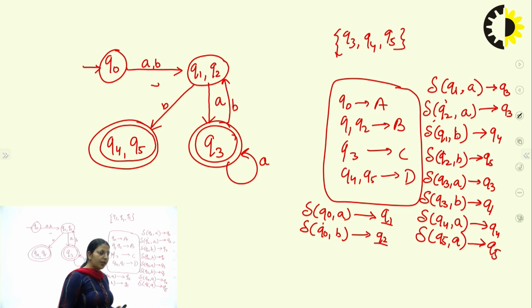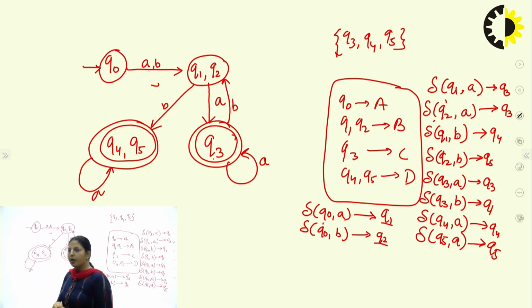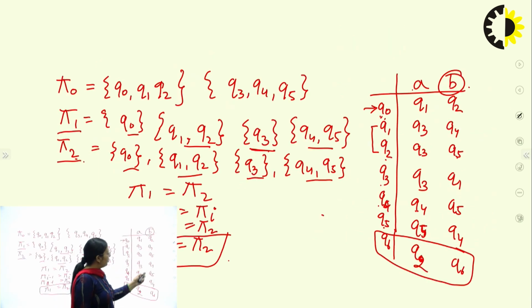Now we have to check whether Q4 and Q5 can lie in the same state. For input A, Q4 goes to Q4, and for input A, Q5 goes to Q4. So there is a self loop for A. Now we have to check for another input symbol.